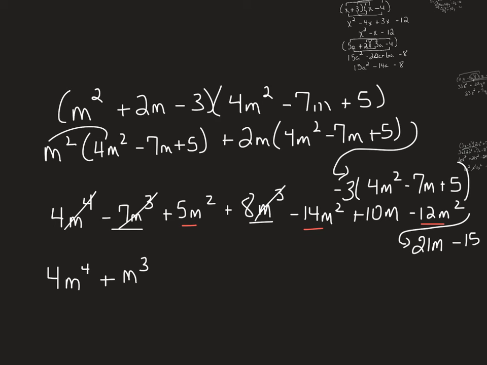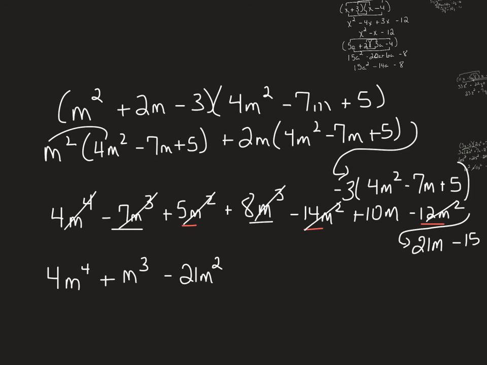So 5m squared minus 14m squared is negative 9m squared, and negative 9 minus 12 is negative 21m squared. All right, negative 21m squared. Then, okay, so I've used those.